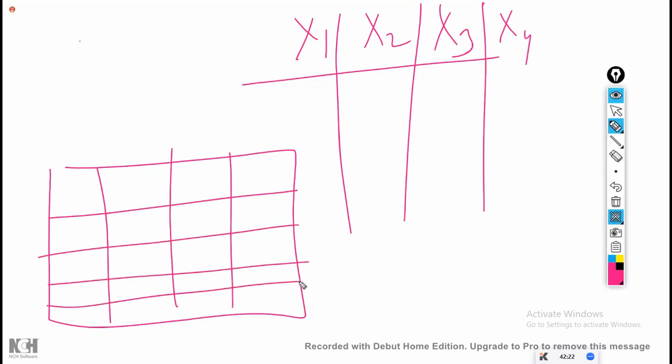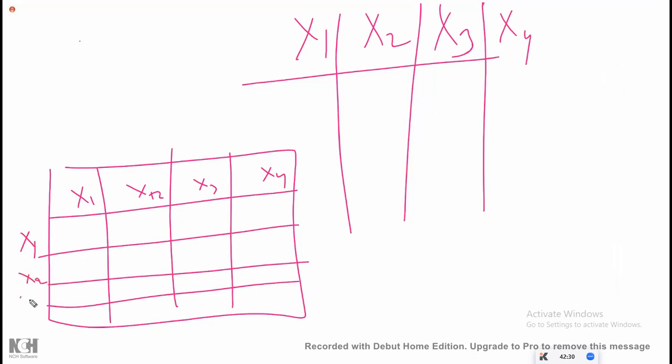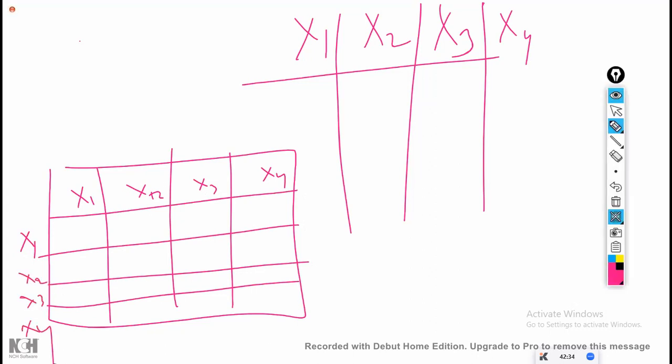Where in the column headings you keep x1, x2, x3, x4, along with the row names also x1, x2, x3, x4. You have to create a matrix. In this matrix, the first entry is the correlation between x1 and x1. What is the correlation between two variables?